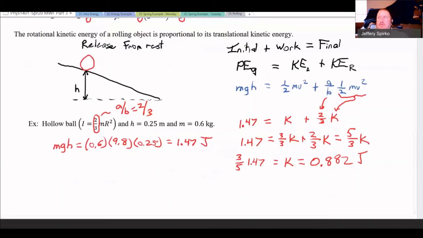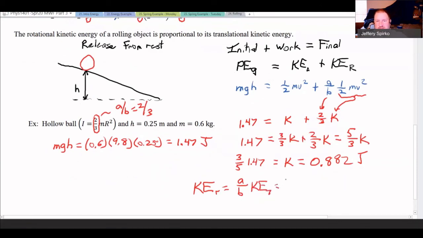So now we know the regular translational kinetic energy, and I can then find out the kinetic energy of rotation. Ke of rotation is equal to A over B times Ke translation.